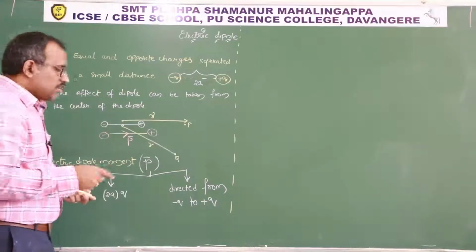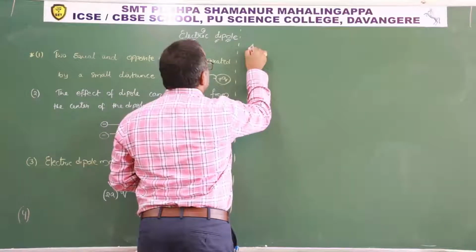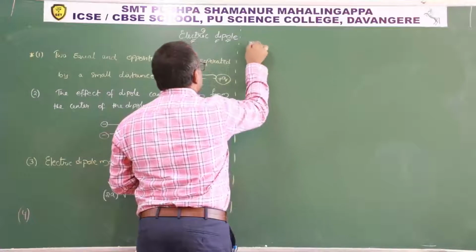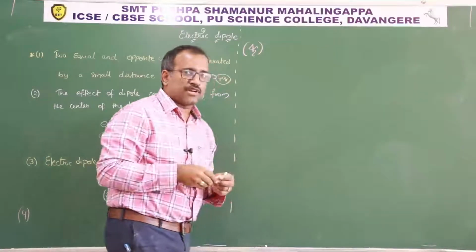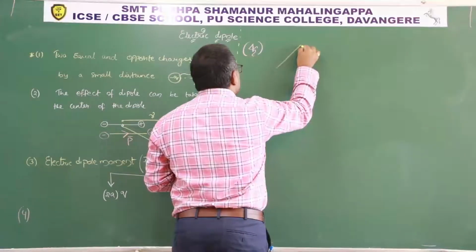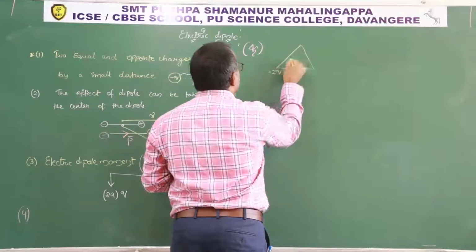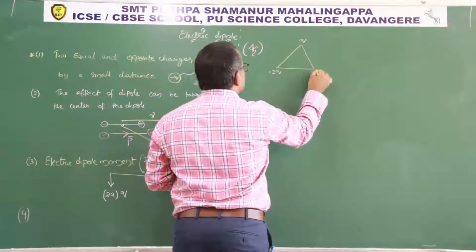People will think now, fourth point. Tell me, there are three charges. Let me say minus 2q, let me say q, let me say q.